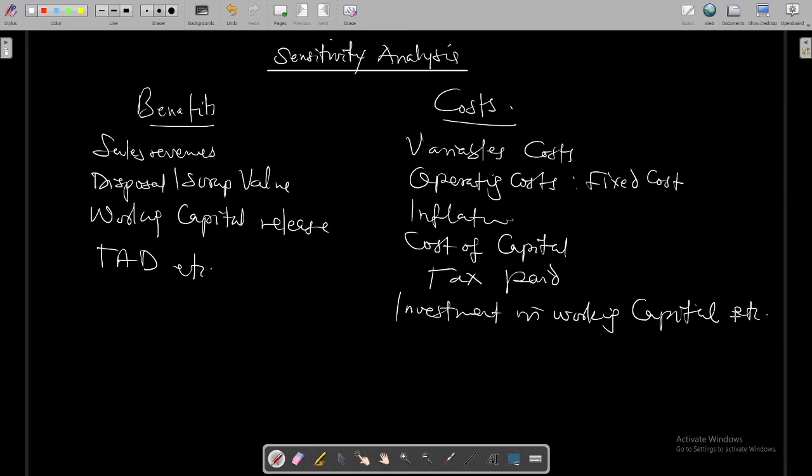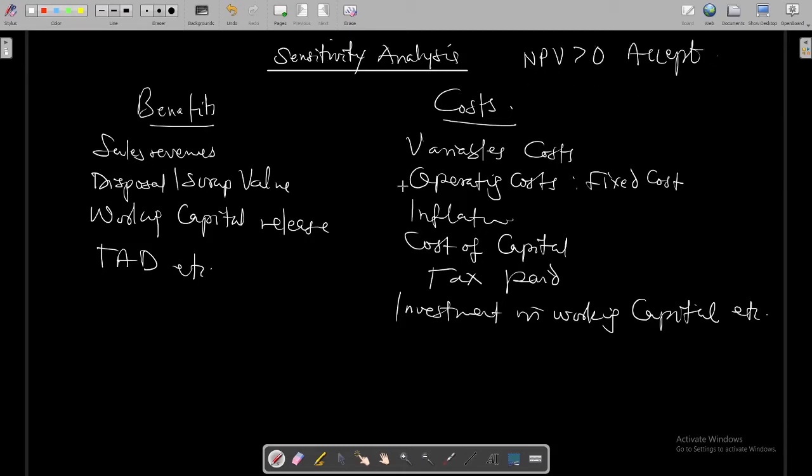NPV calculations. What sensitivity analysis is basically seeking is that when we consider all these variables and the NPV of a project is positive, is above 0, then we accept the project.